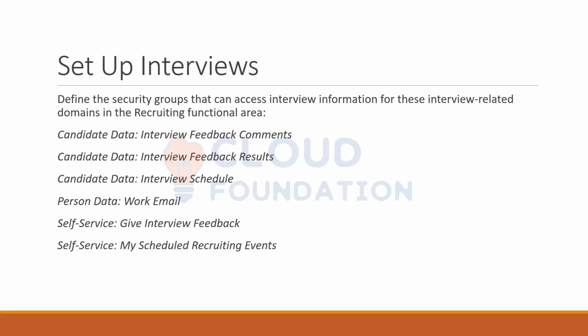We can create rating scales used by interviewers when providing feedback. Once they interview the candidate, they can provide the feedback based on some ratings. So we can define those ratings as well. We can also configure interviews to include competencies and questionnaires. For that, competencies and questionnaires should be present in the system, or we can also create them there.